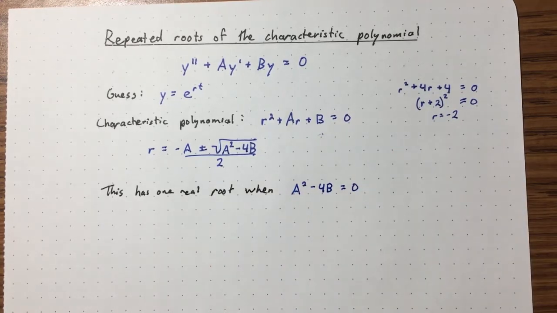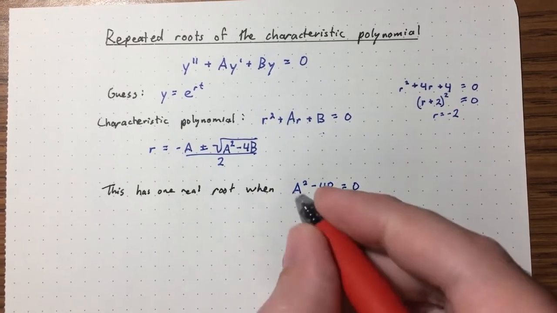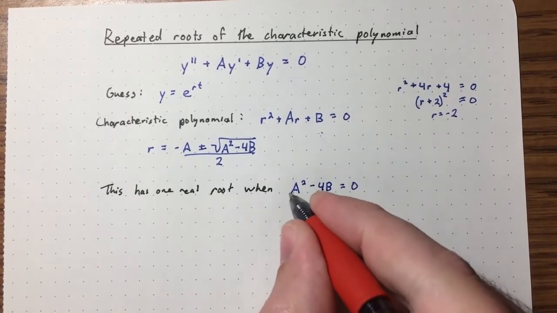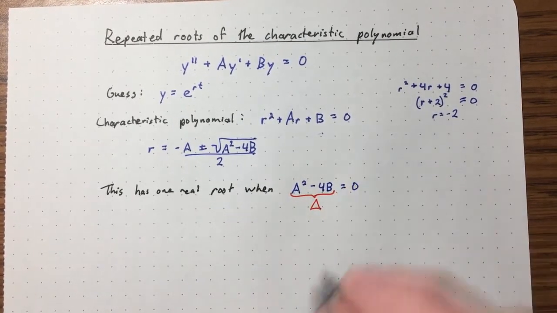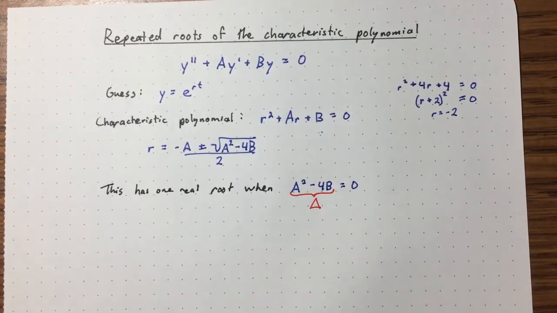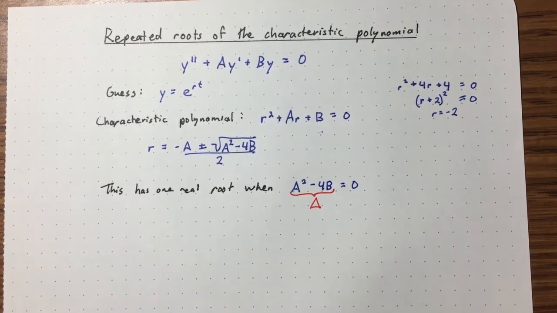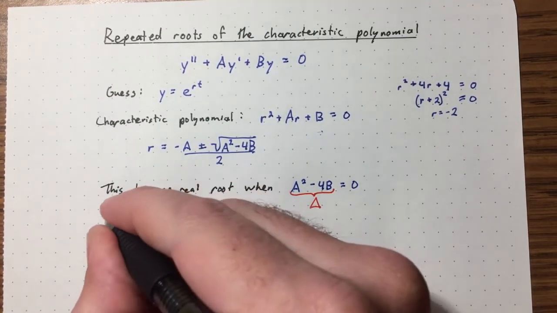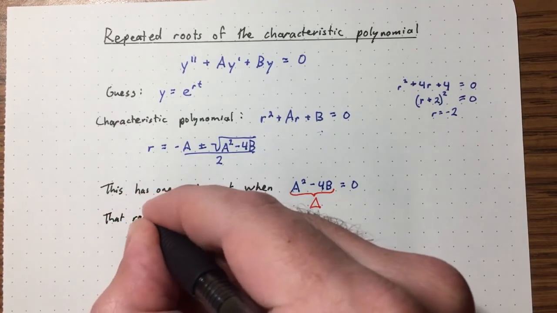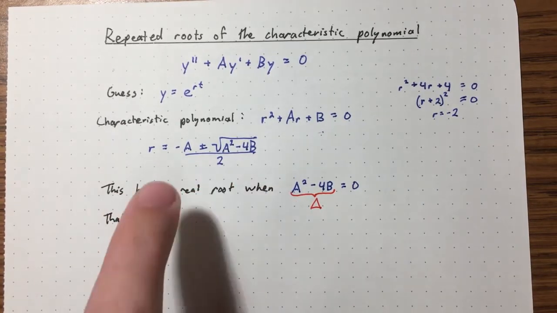I think we talked about this in a previous lecture, but this thing right here is called the discriminant of the quadratic polynomial, denoted by capital delta. So when the discriminant is 0, we have one real root. And what is that root? It's just negative a over 2.